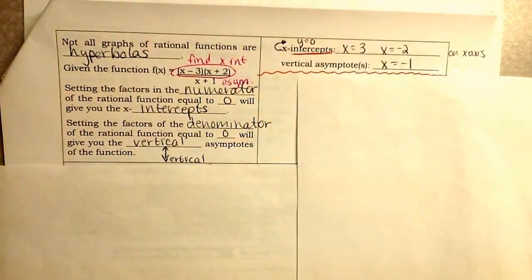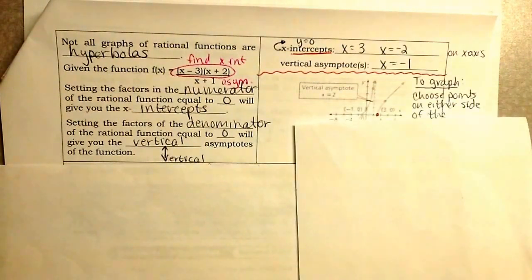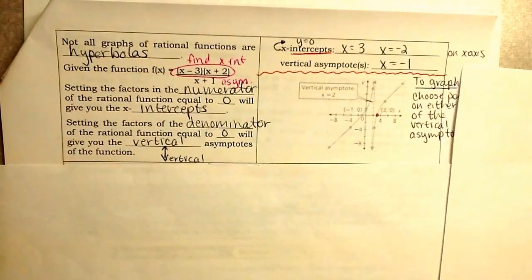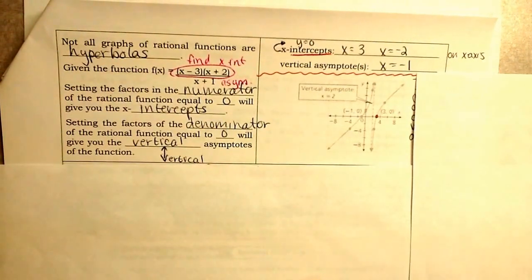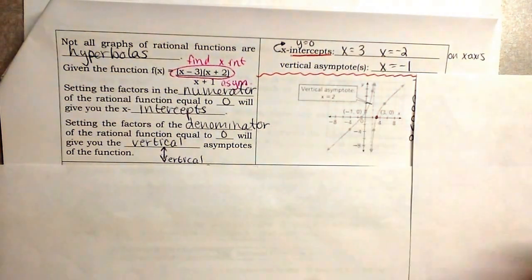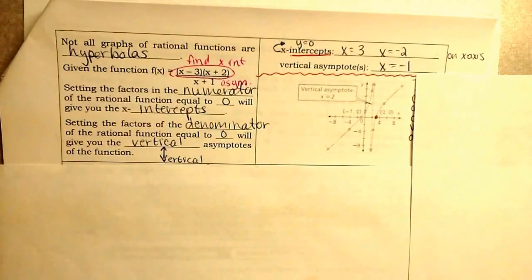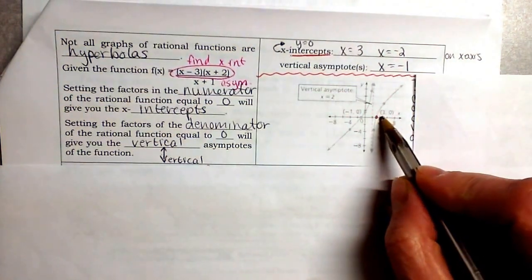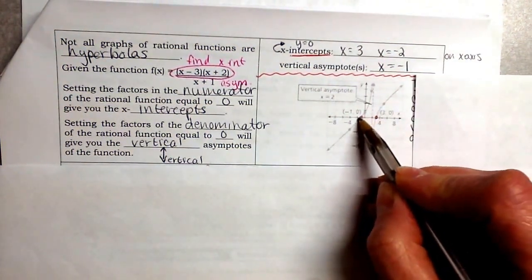Now, I want to show you a graph of a rational function. This one has zeros at 3, 0 and also at negative 1, 0.